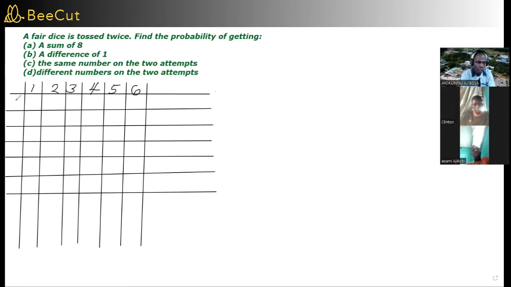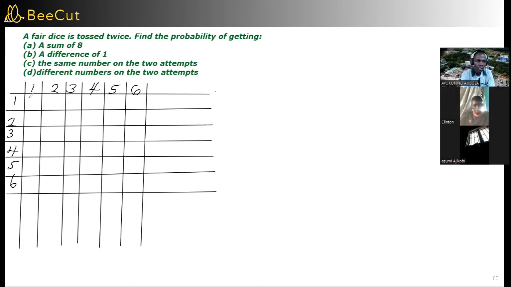Here also for the second attempt or for the second dice, I have 1, 2, 3, 4, 5, 6. Now we're talking about a dice that is used in playing Ludo. A die has 6 spaces, and because it has 6 spaces, we say a fair die is tossed twice. This is the first attempt, the second attempt.